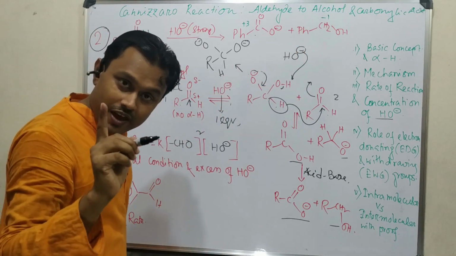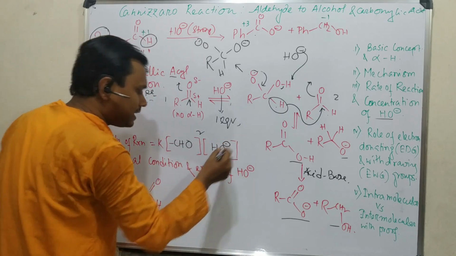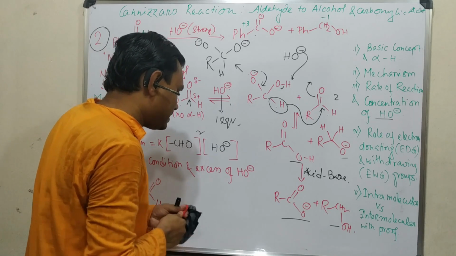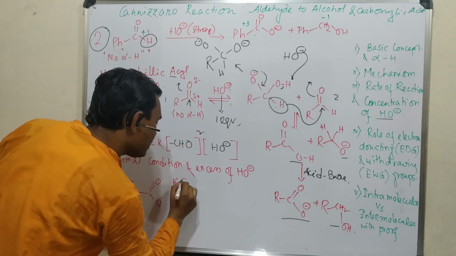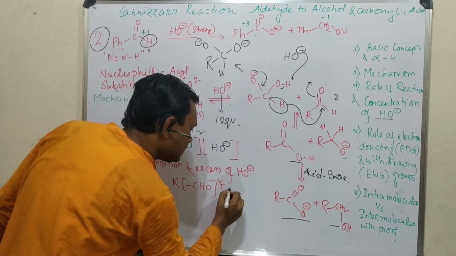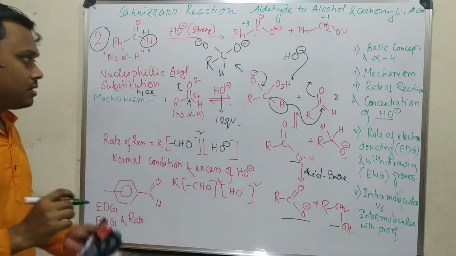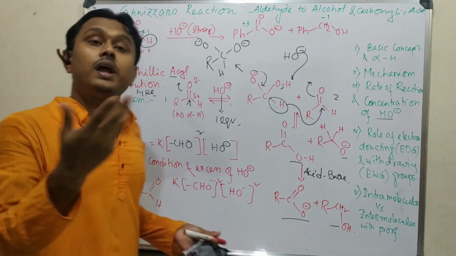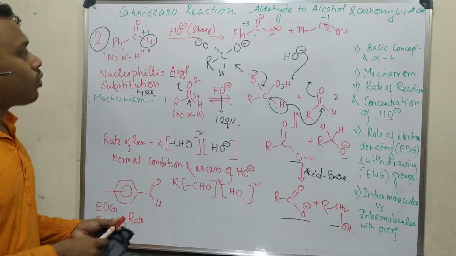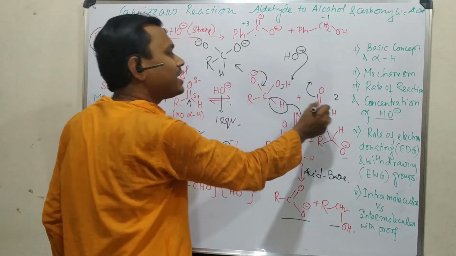So in presence of excess alkali, the rate is K times aldehyde squared and alkali also squared. Fine. Now, question is how the rate is enhanced. If you observe closely, previously one oxygen was pushing, and the hydride was leaving.